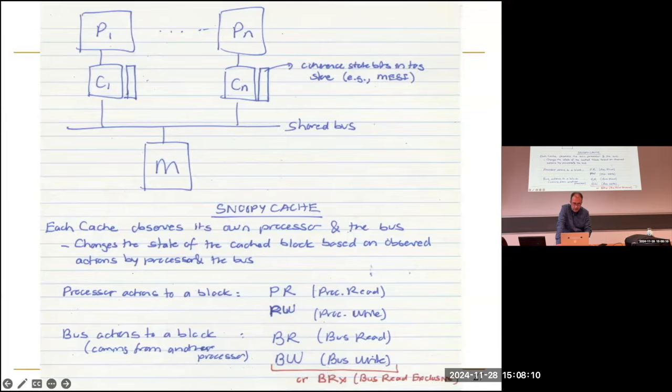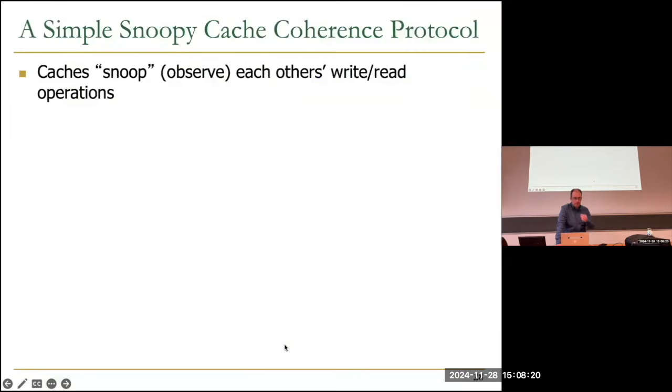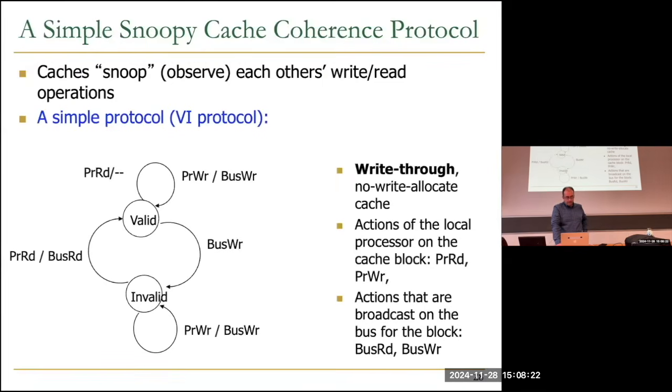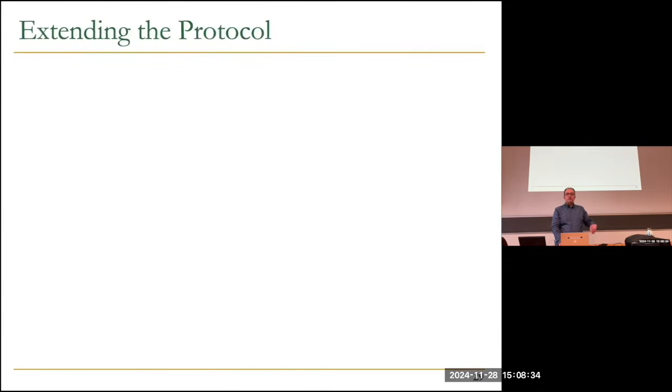You can also have a bus read exclusive, meaning that the data is read exclusively, so you can think about some optimization. This is the simple valid-invalid protocol we have seen, implemented on top of a Snoopy cache. But now we want to see some extensions, how we can make it better.